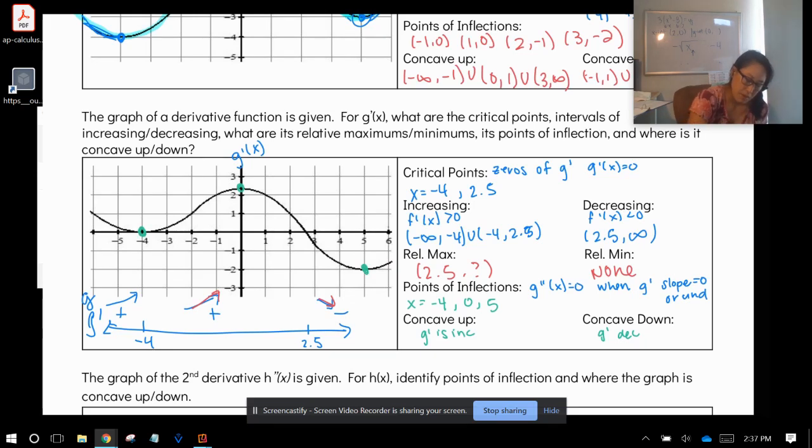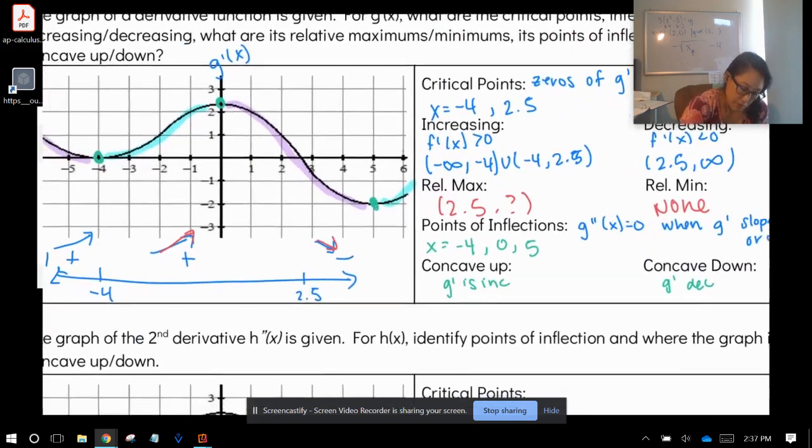All right, I am looking for the decreasing parts. So the decreasing parts are from -infinity to -4, and then from 0 to 5. We increase from -4 to 0, and from 5 to infinity.